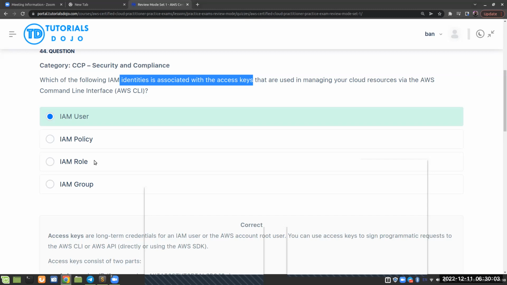I'm going to say an IAM user has a permanent key, while an IAM role has a temporal key. Right, that's the key thing as well. So an IAM role has temporary credentials. You say temporary credentials, and an IAM user has permanent credentials through the access keys.